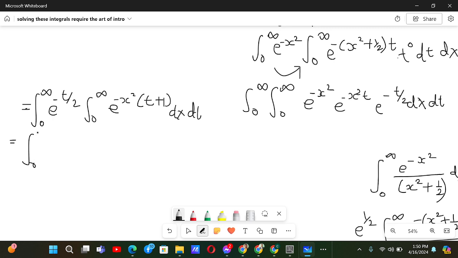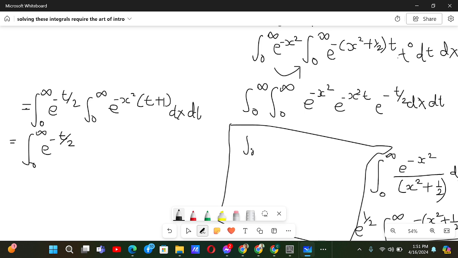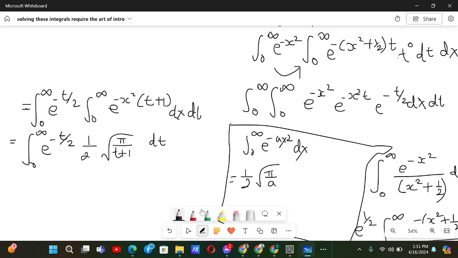Now we can use the formula from the generalized Gaussian integral: integral from 0 to infinity of e to the power minus a x square dx is just 1 by 2 times root pi by a. We will use this formula, and that gives us 1 by 2 times root pi by t plus 1 dt.